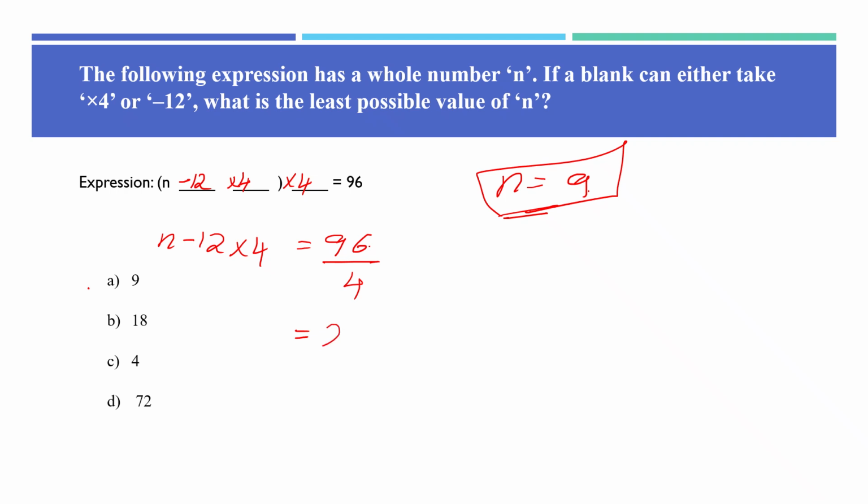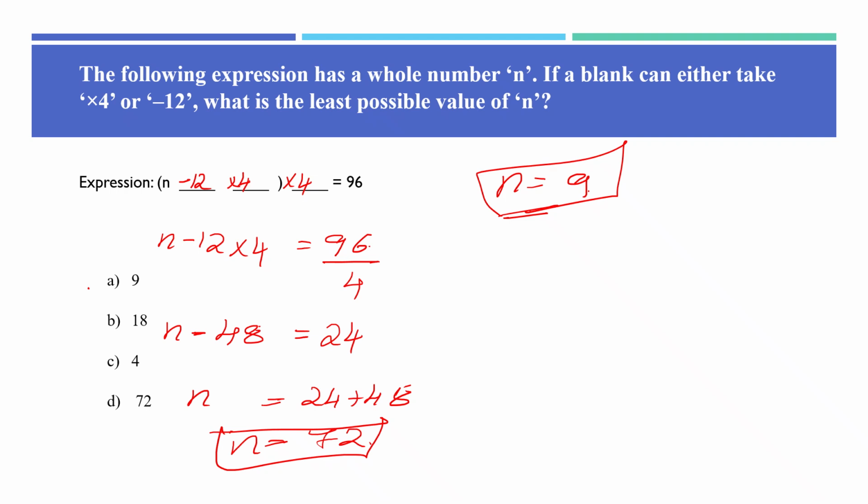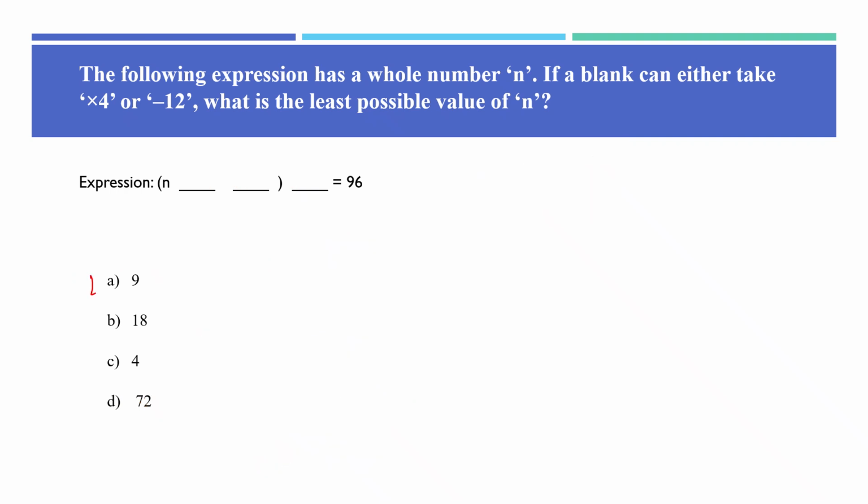Obviously, this would be 24. And here I have n minus 48. So n equals 24 plus 48, which is actually 72, where the value of n is more than 9. So it's not going to be 72. Okay, and I guess in that case, let's go with n equals 9. Moving on to the next question.